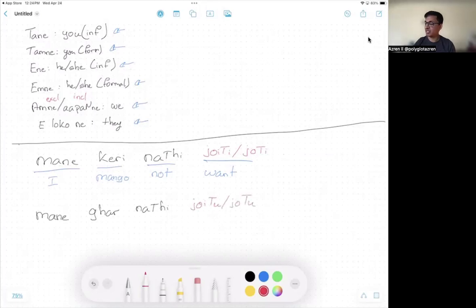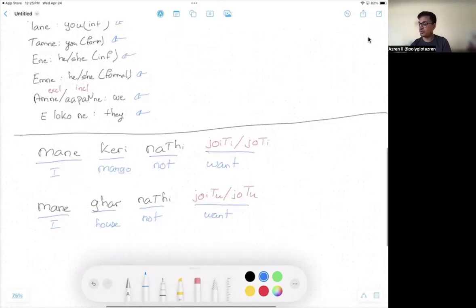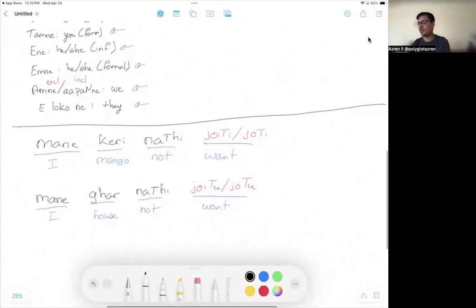I, house, not, want. Again, મને કેરી નથી જોઈતી, મને ઘર નથી જોઈતું. So here we have જોઈતી, for the second one we have જોઈતું. Weird, right?